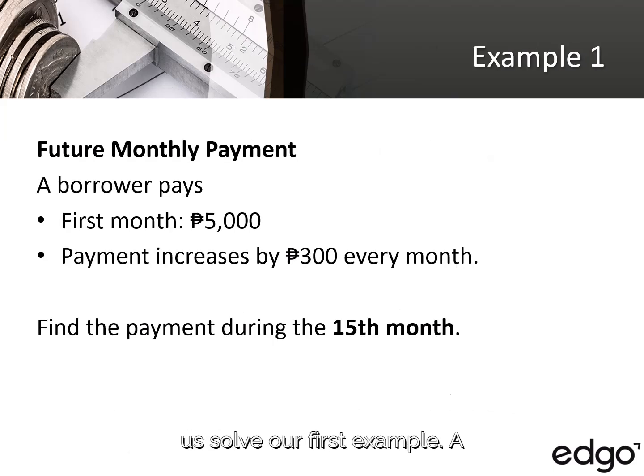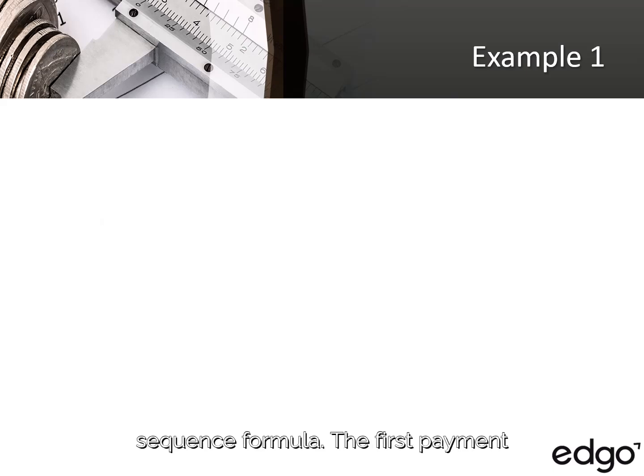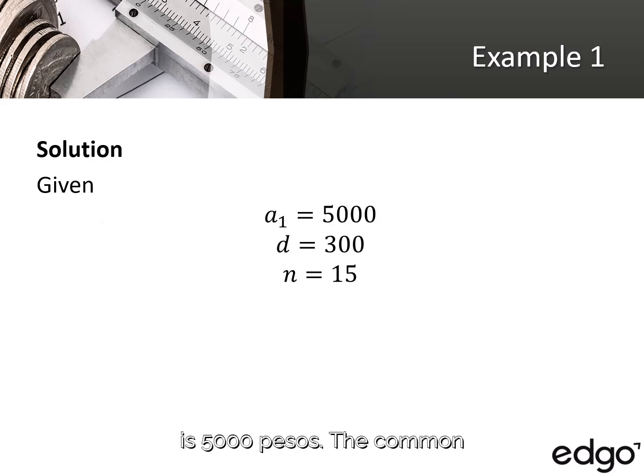Let us solve our first example. A borrower pays 5,000 pesos during the first month. The payment increases by 300 pesos every month. Find the payment during the 15th month. Since we are looking for only one payment, we will use the arithmetic sequence formula. The first payment is 5,000 pesos.